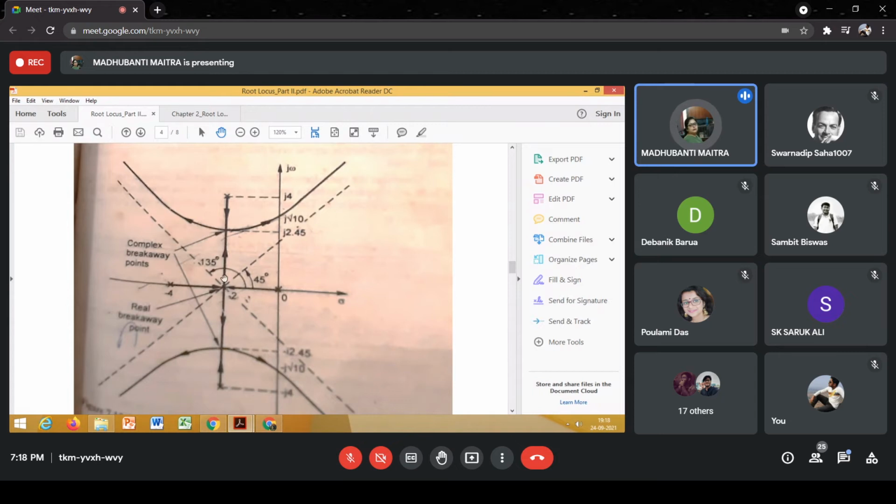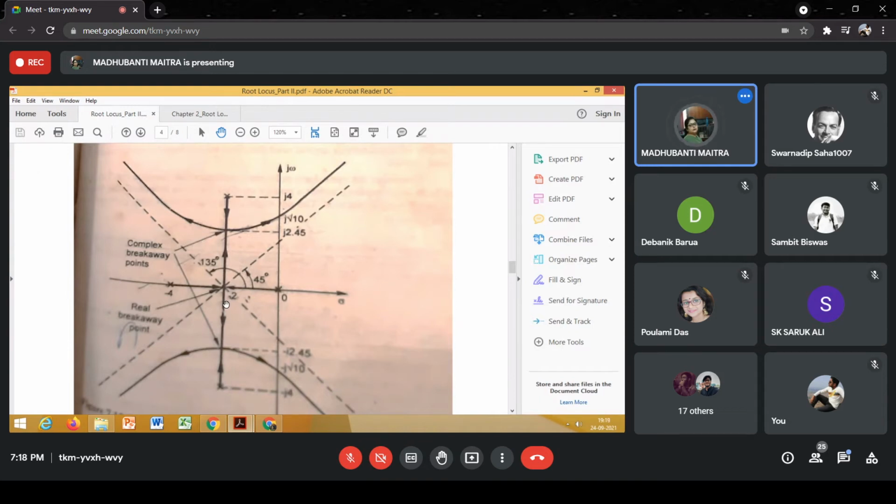The breakaway direction is plus minus 90 degrees. Why? Because the breakaway direction is given by plus minus 180 degrees by r. So what is this r? R is the number of root branches which are approaching each other and meeting at a point.